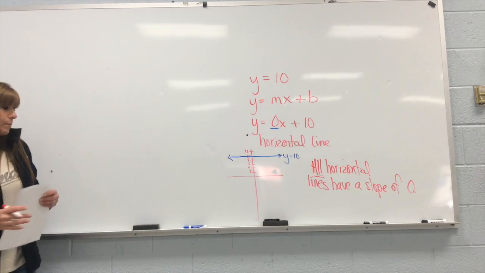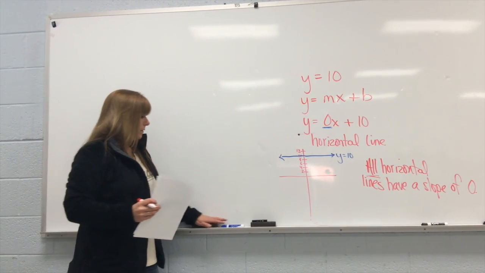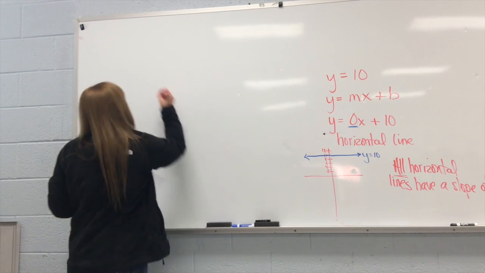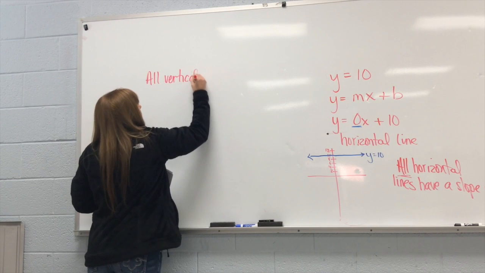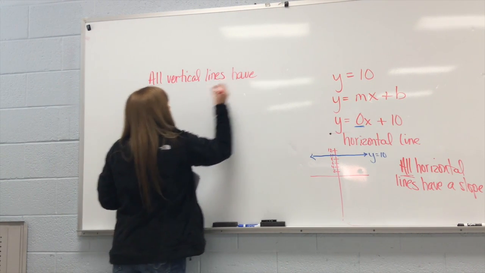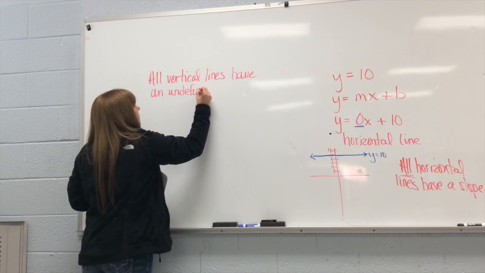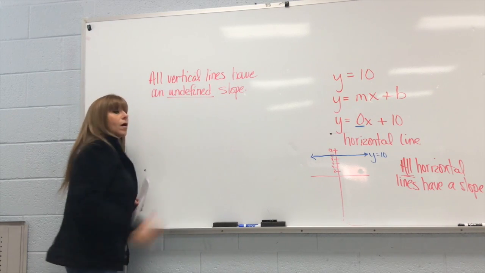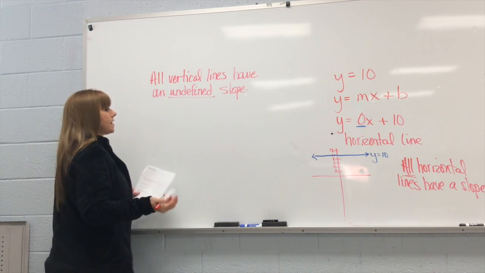Now there's also the possibility that we could have a vertical line. Okay? All vertical lines have an undefined slope. Okay? What does that mean?